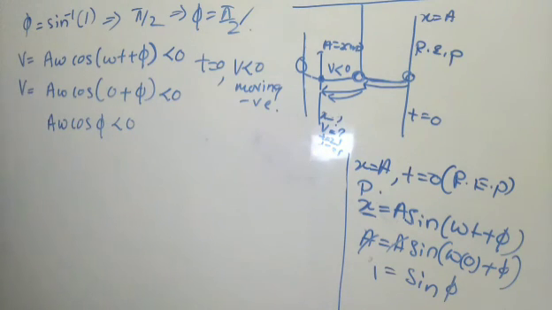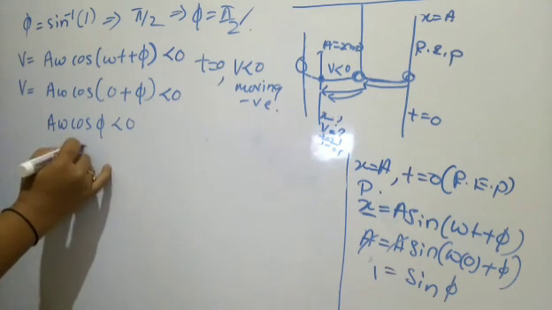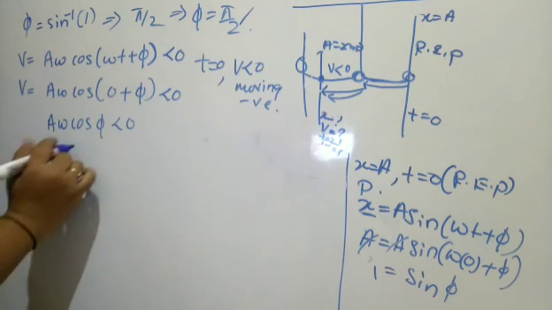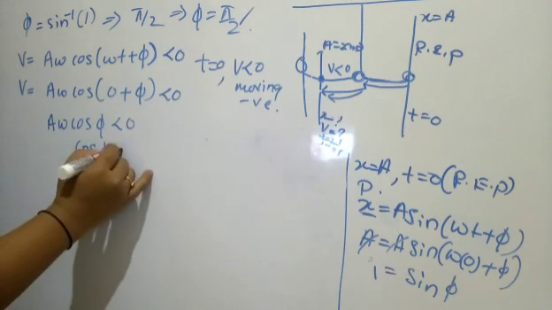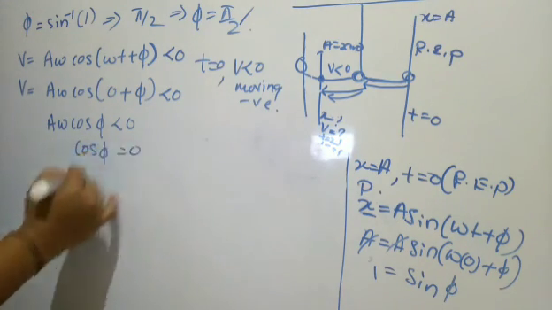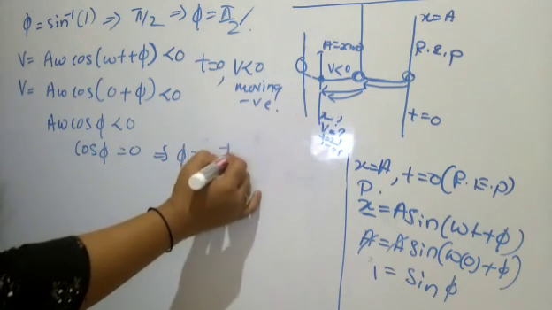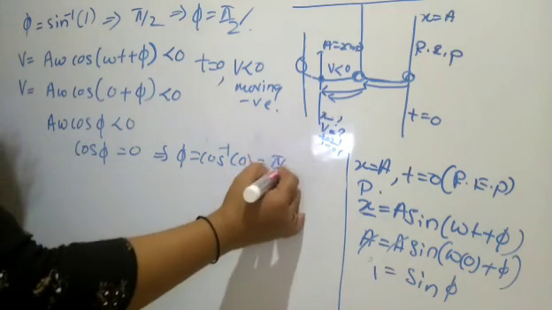Less than 0 means again cos inverse of 0. So what is that? Cos inverse of 0 is pi by 2. That means first we'll check cos phi is equal to what? If it is 0, what is the condition? Phi is equal to cos inverse of 0, that is pi by 2.